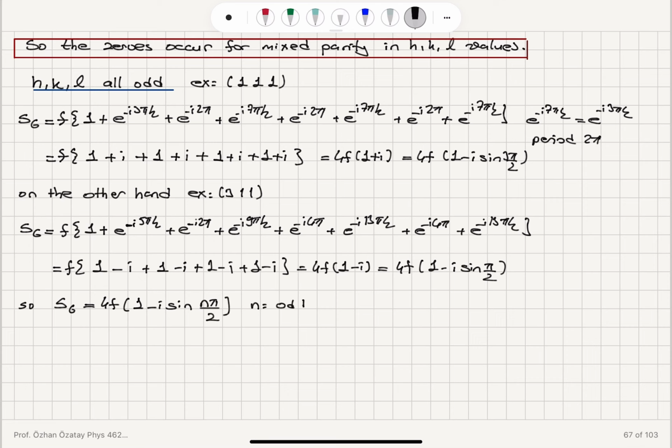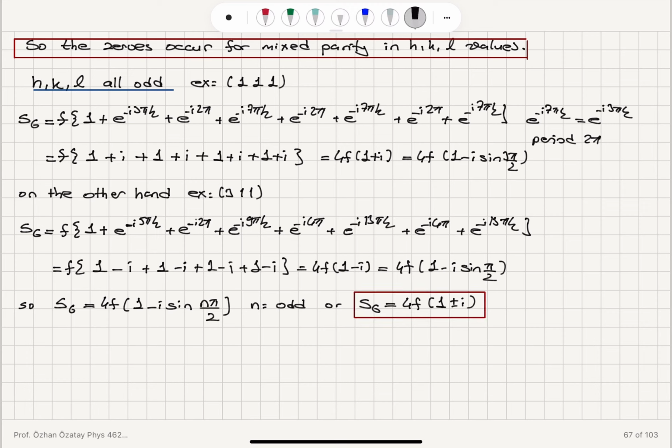So it can be 1 pi over 2, it can be 3 pi over 2, etc. In other words, the geometrical structure factor is of the form 4f times 1 plus or minus i, when h, k, l are all odd.